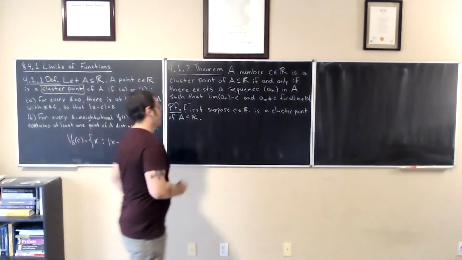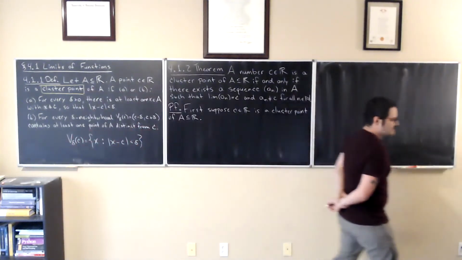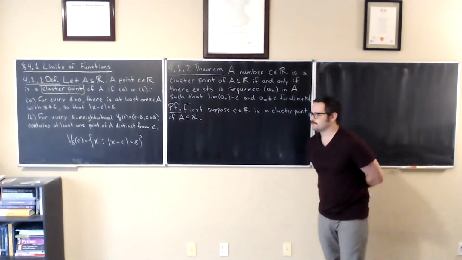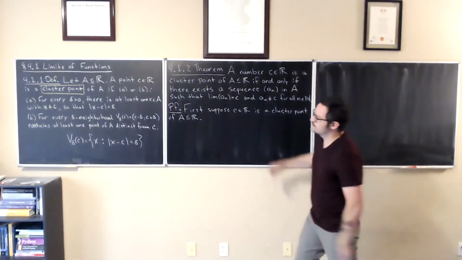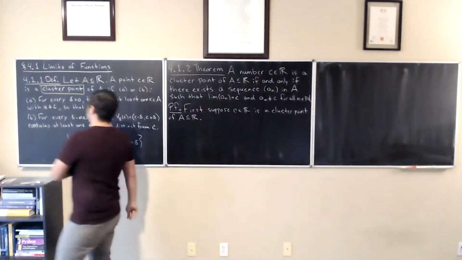Okay, so now we need to build a sequence that converges to C that's different than C at each term. So the only thing we can really work with is this definition.